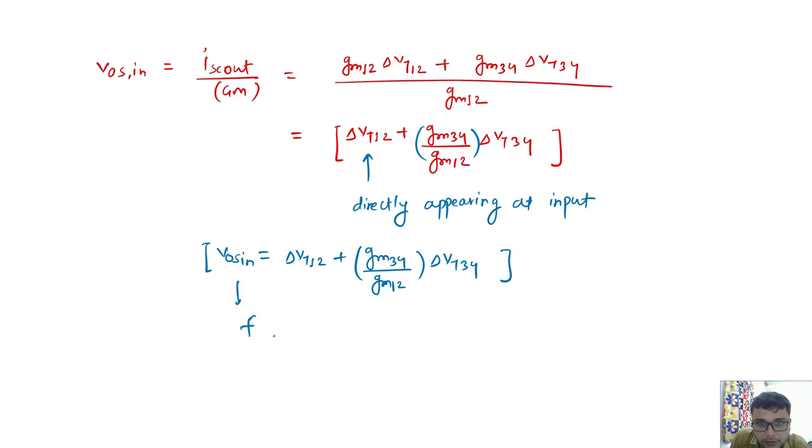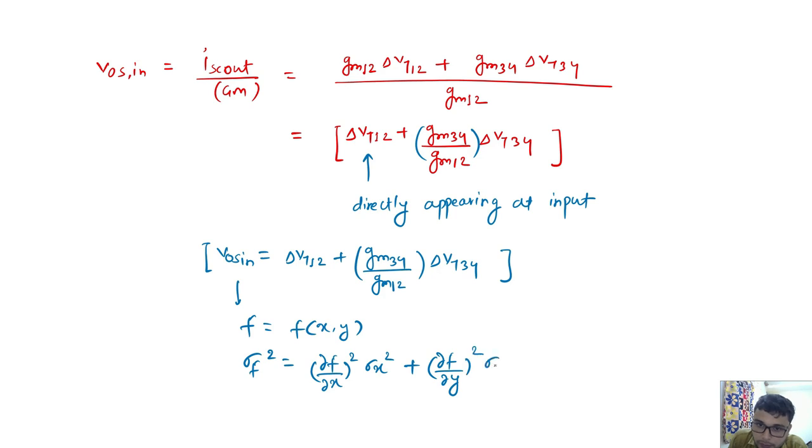If this is my function, a function of two variables x and y, and I want to calculate the standard deviation of this function, then it will be the partial derivative of f with respect to x, squared, times sigma x squared, plus the partial derivative of f with respect to y, squared, times sigma y squared.